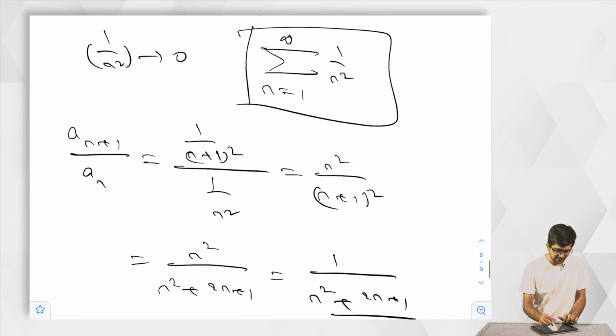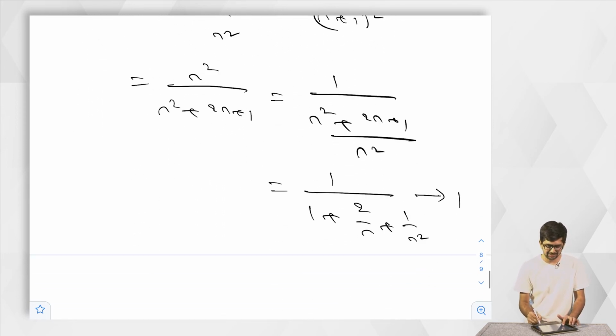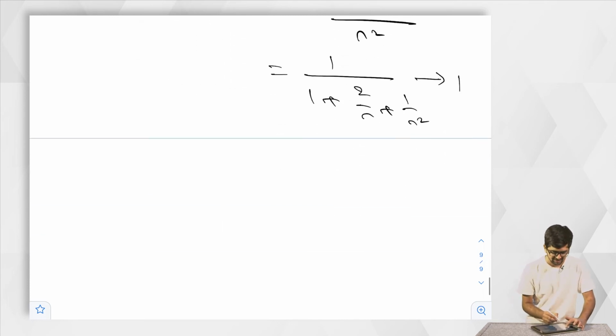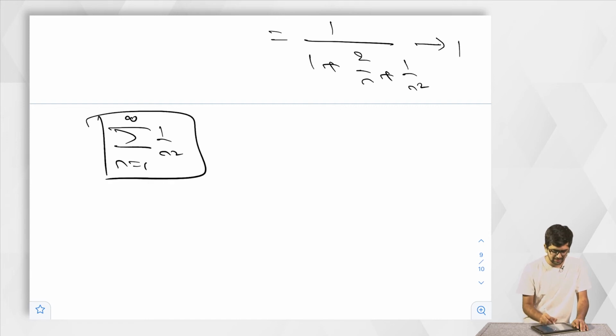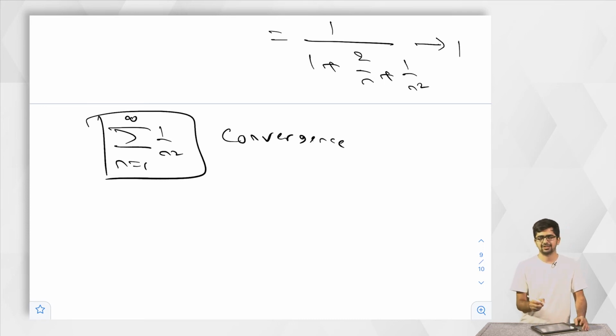For 1 by n square also we got the same thing, that it is going to 1. So we cannot really use that result, the ratio test. So for the summation of 1 by n square from 1 to infinity, convergence is not very clear. We cannot proceed further using the ratio test. That's what we mean.